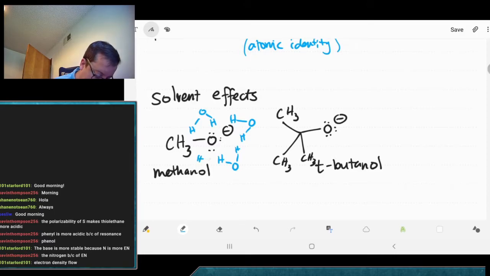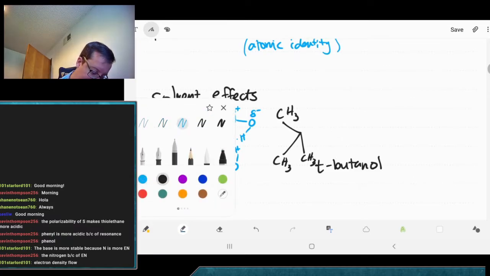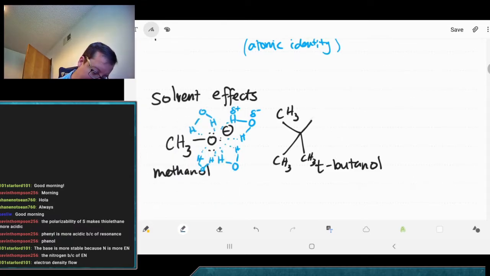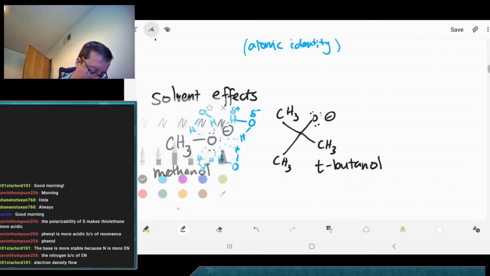We know all those hydrogens are partially positive, and they can interact favorably with that negative charge to stabilize it a little bit. But in fact, let me redraw this one a little bit more accurately. There, we'll make this a little bit more obvious.